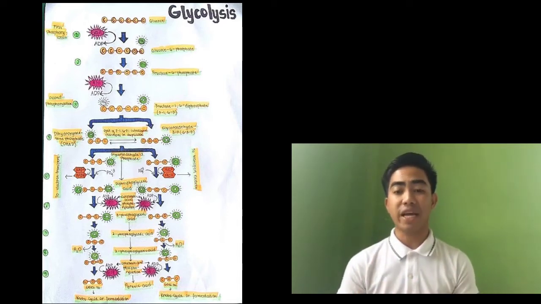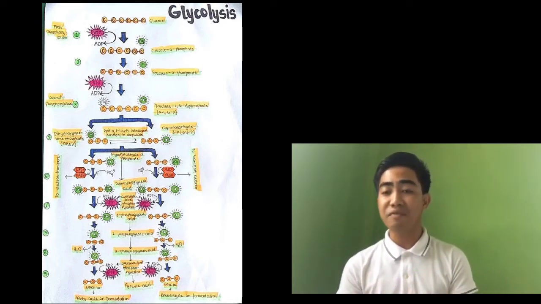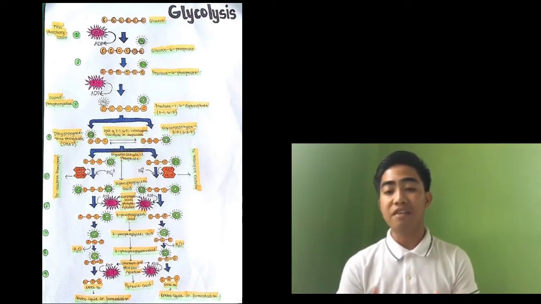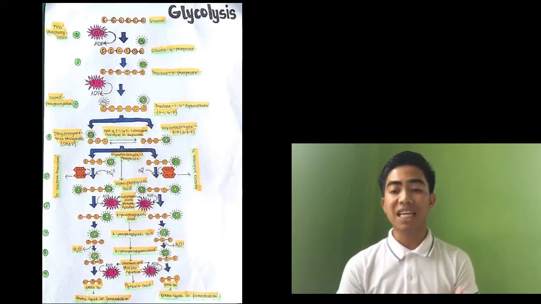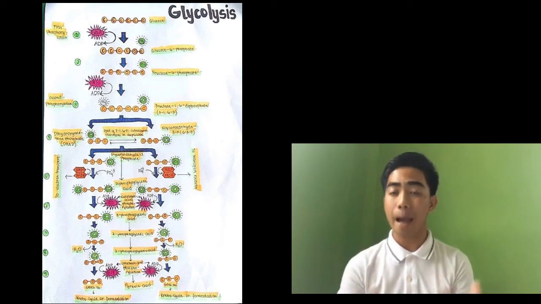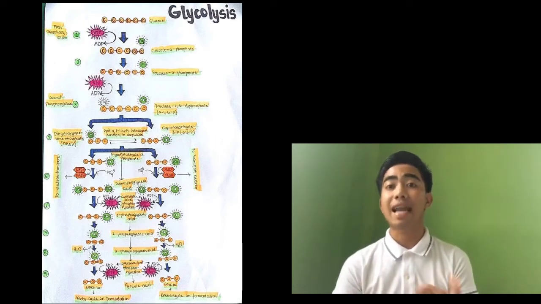They have the same formula but different arrangement, as isomers. And what happened is that the DHAP was converted to G3P, which is the end product of this step. So that was what happened in step 4 of glycolysis.